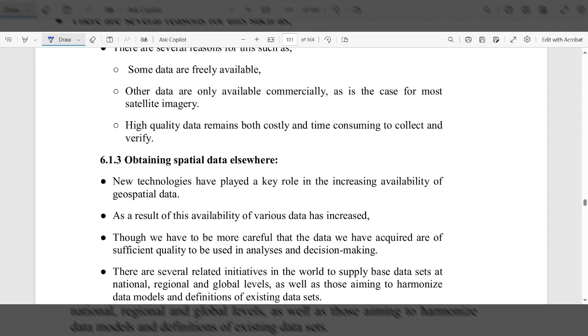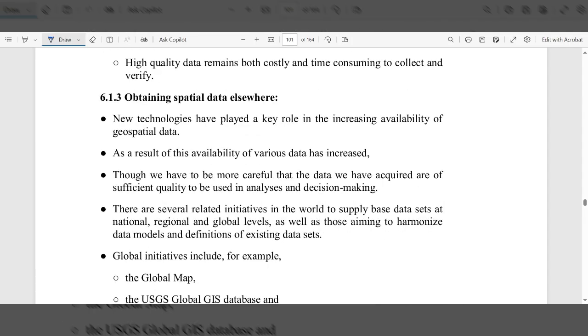So obtaining spatial data elsewhere, right? New technologies have played an important role in increasing availability of geospatial data. Nowadays, so many technologies are available, so you can use the technologies for collection of geospatial data. As a result of this availability, various data have increased, and although we have more, we must be careful that data acquired are of sufficient quality to use in the analysis and decision making system.